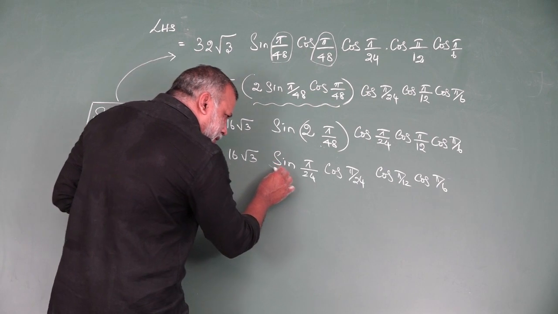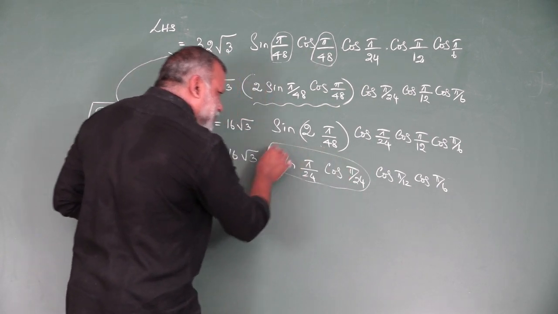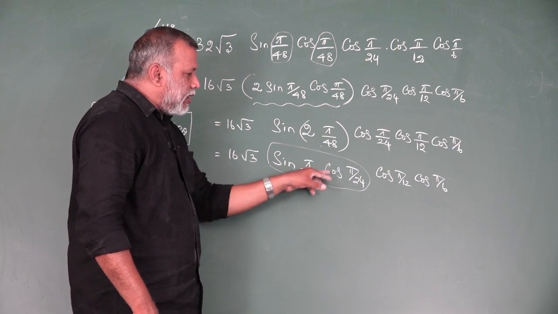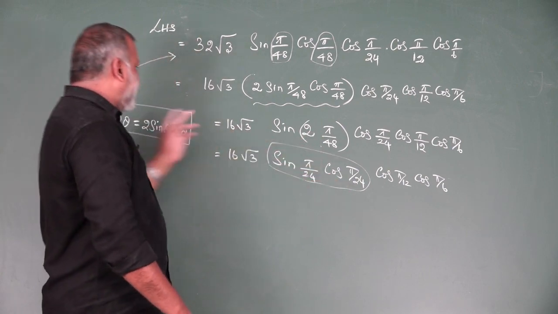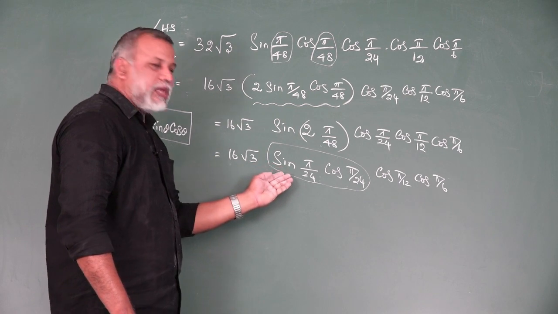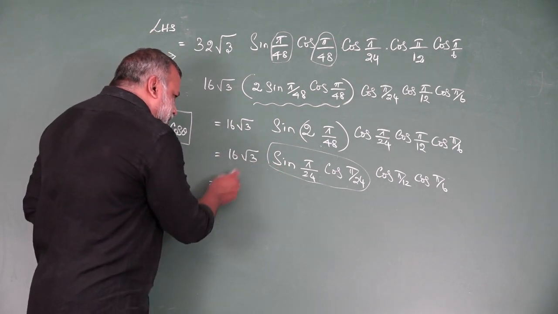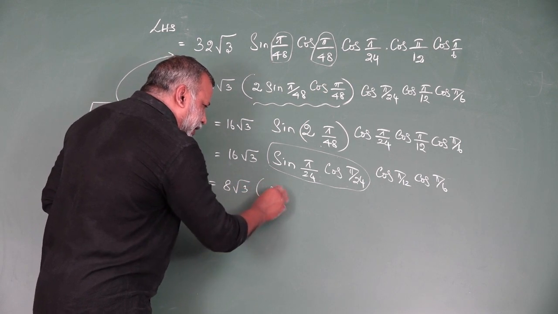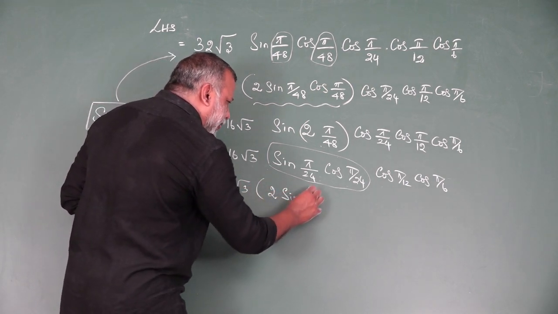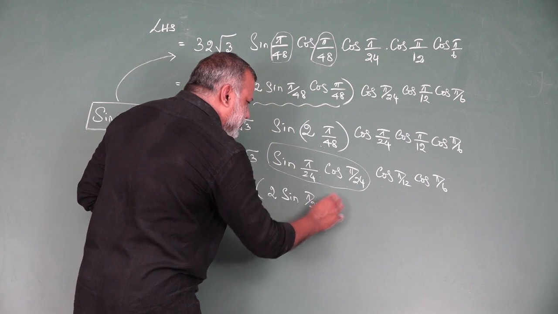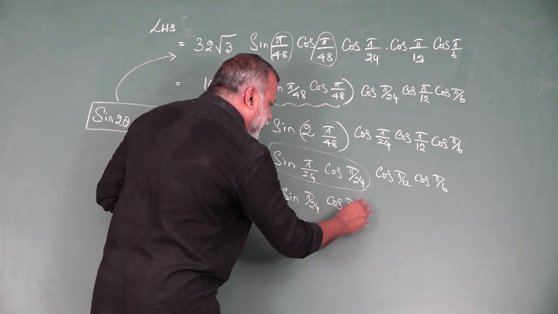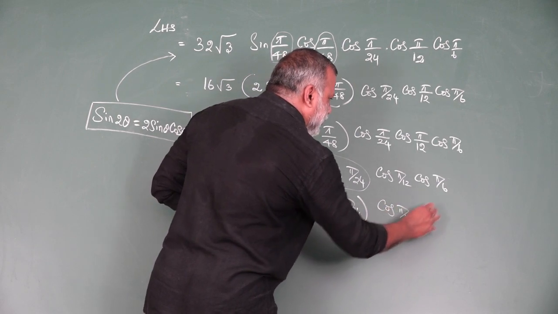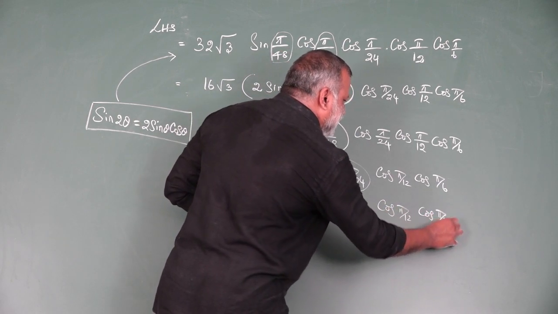Now think about this one. See this one, sin pi by 4, cos pi by 4. So if you relate this formula, we need 2 here once again. So I can take this 16 root 3 as 8 root 3, the remaining 2 sin pi by 24, cos pi by 24, the remaining cos pi by 12, again cos pi by 6.